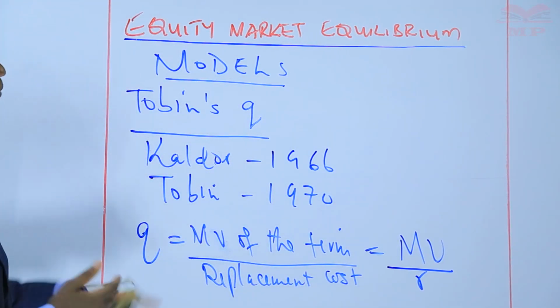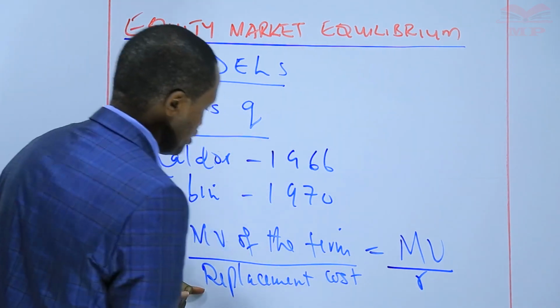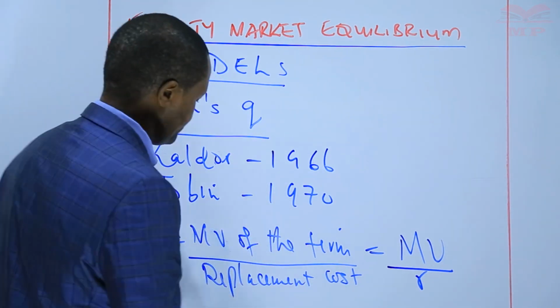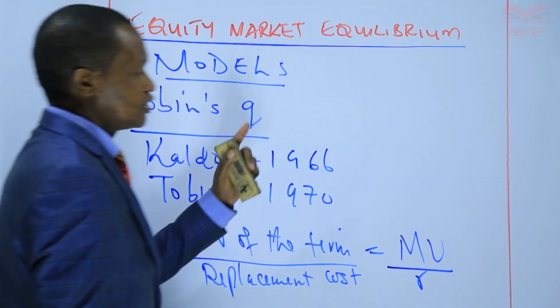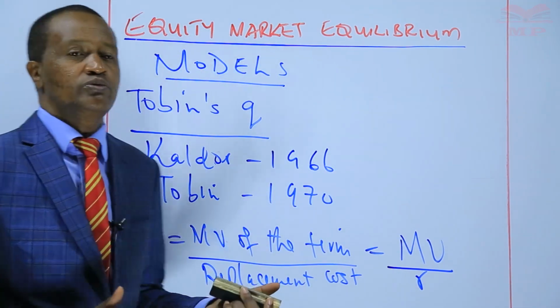So, Tobin's Q model is just a ratio of the market value of the firm and the replacement cost. That model is that simple.